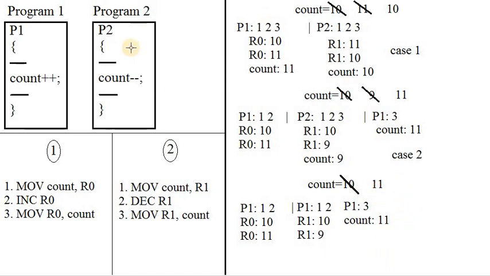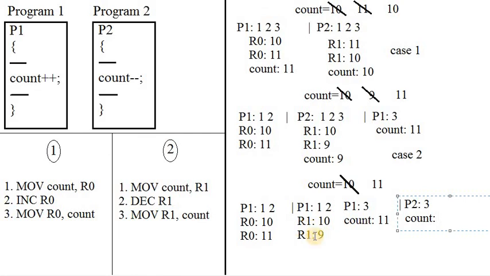Let us complete the execution of P2 with the pending instruction. So what is the pending instruction in P2? That is the third instruction. What is instruction 3 here? Move R1, count. So count value will become R1.